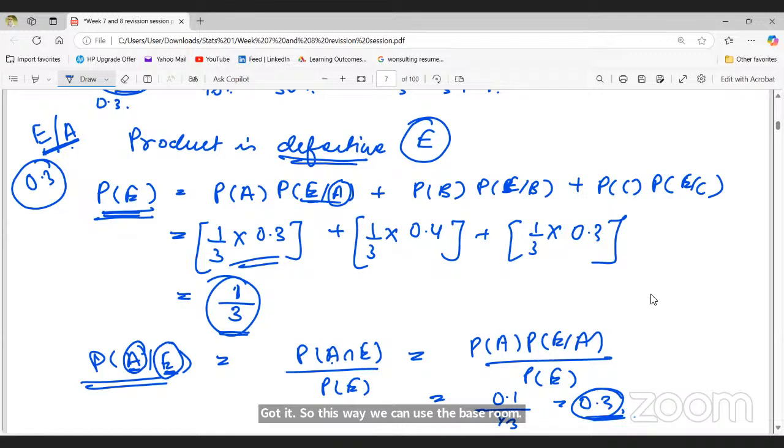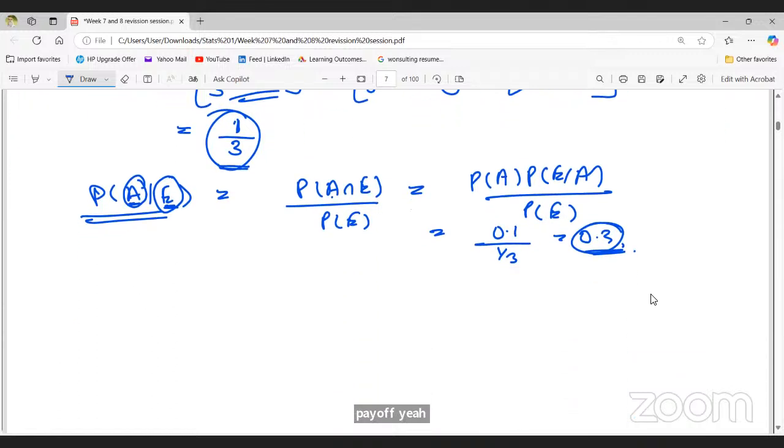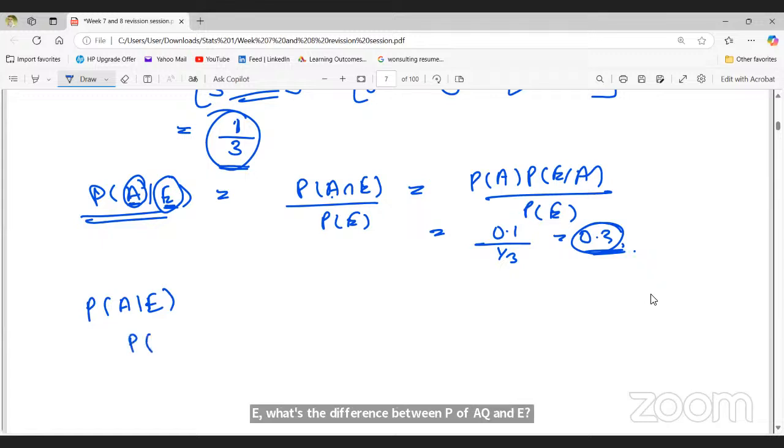Small doubt. What's the difference between P of A given E and P of E given A?